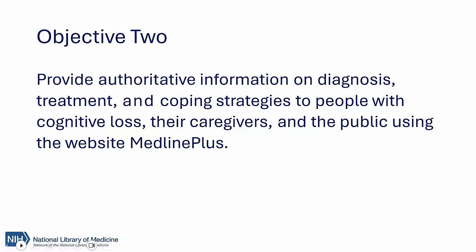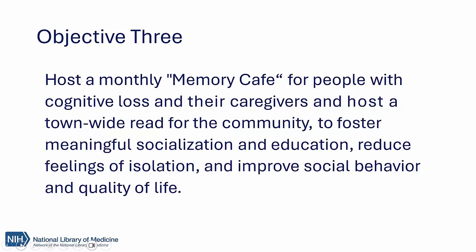And then the third: host a monthly memory cafe for people with cognitive loss and their caregivers, and host a town-wide read for the community to foster meaningful socialization and education, reduce feelings of isolation, and improve social behavior and quality of life.